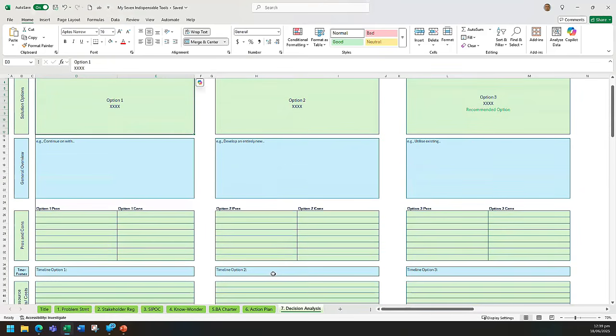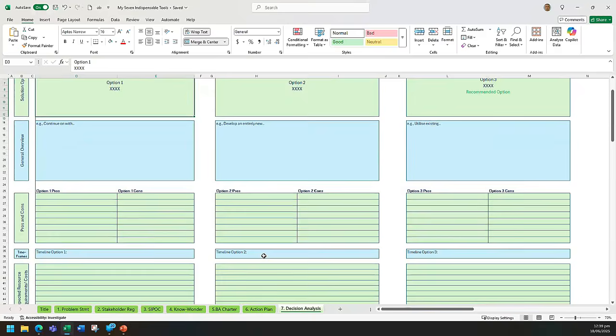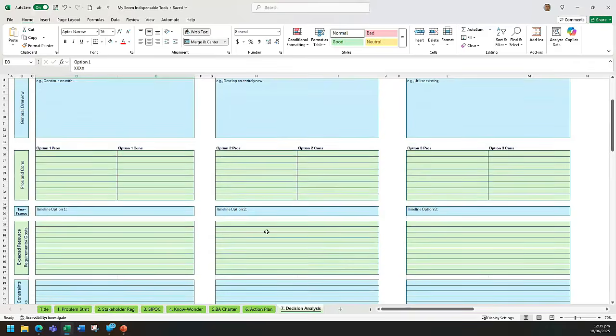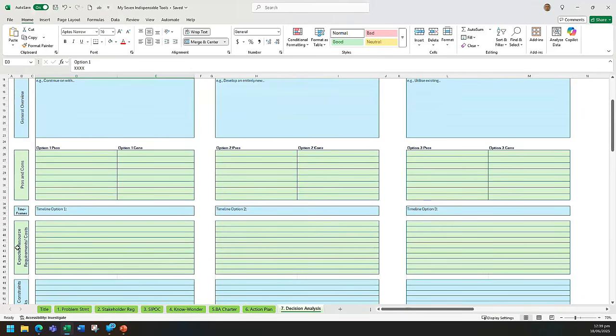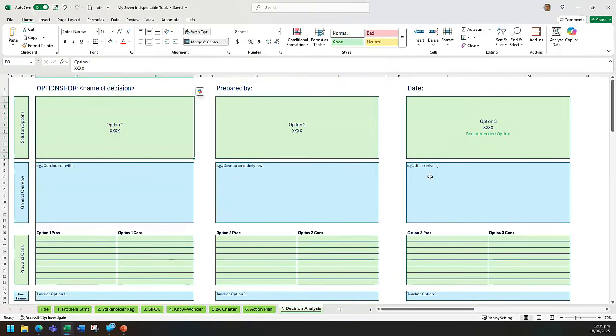Pros and cons of that, and quite often I find the pros of one are the cons of another. So once you've done one, you're kind of copying and pasting and putting it in different columns, and that's it. You can do these generally quite quickly. Time frames, same headings, and then option three is just another option, and this might be the recommended one.